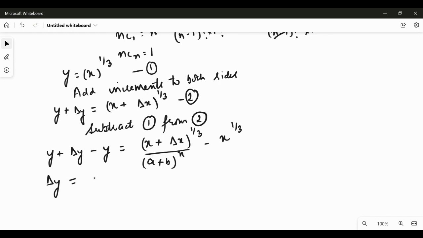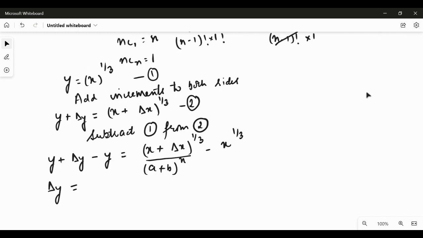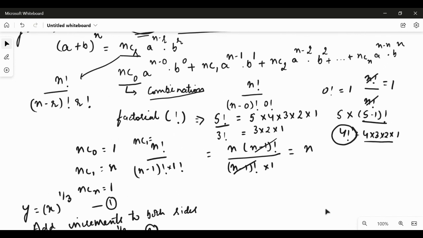Δy is equal to (a + b)^n. So what is the formula? If you remember, I have written it here.